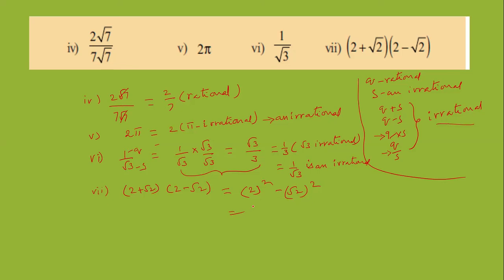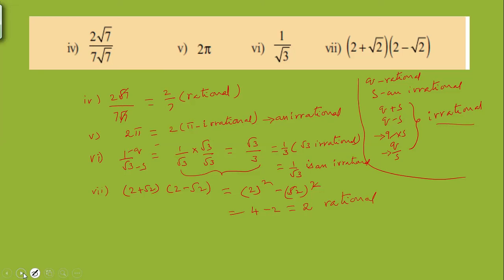That means 2 square minus root 2 whole square. Root 2 square, you cancel the square symbol and square root symbol. So you get 4 minus 2, which is a rational. In this manner, you can say which are rational, which are irrational.